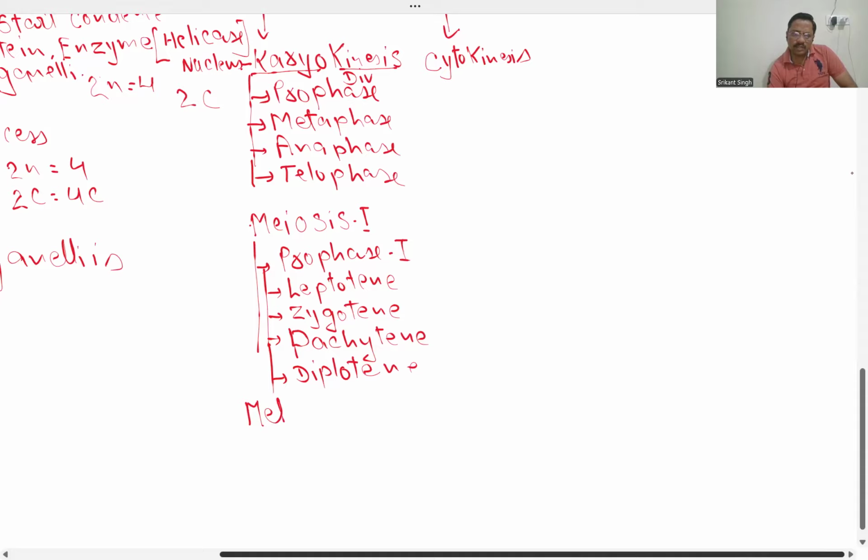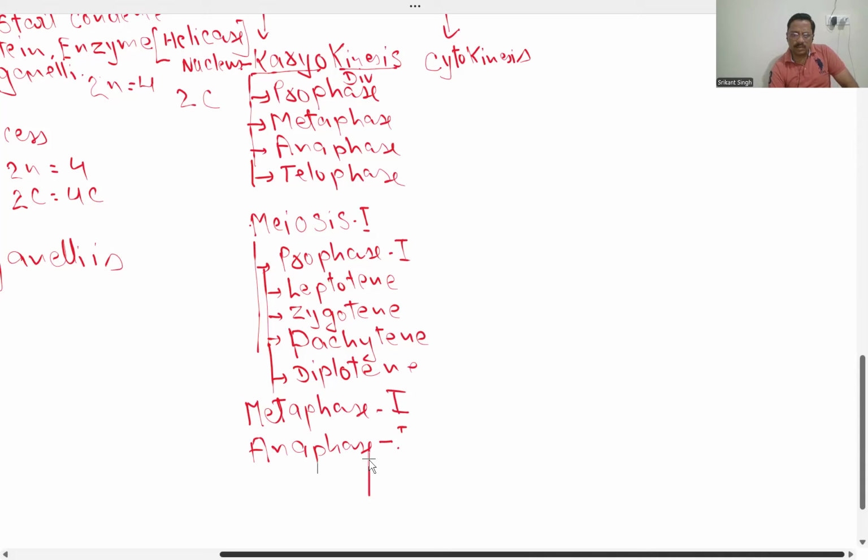After that, metaphase 1, and after that anaphase 1, simple. Just go through the steps of mitosis.